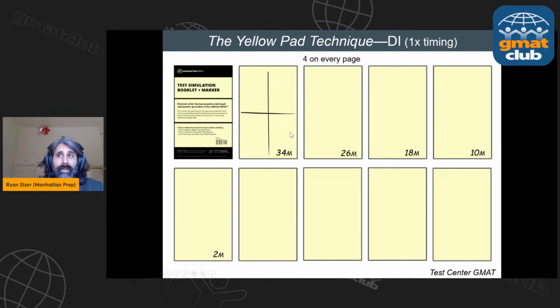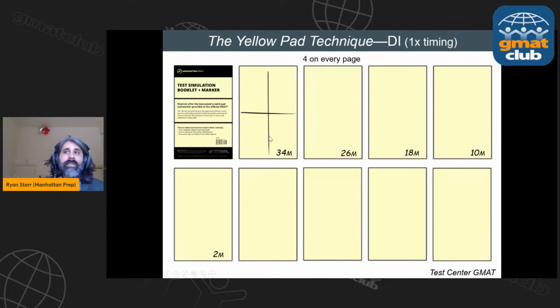So if this new Data Insights section is supposed to take you just over 2 minutes per question, it's safer to give each page of 4 questions 8 minutes. You start with 42 minutes, so at the bottom of the first page, write 34 minutes. That's what you'd expect to have left over at the end of those 4 questions.